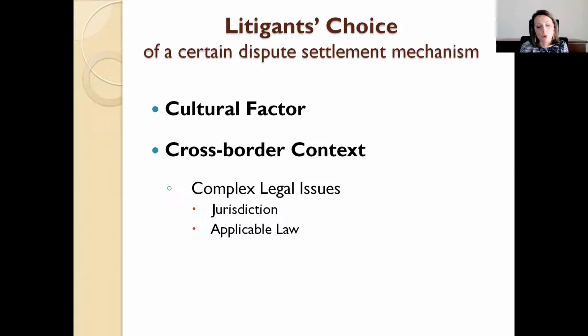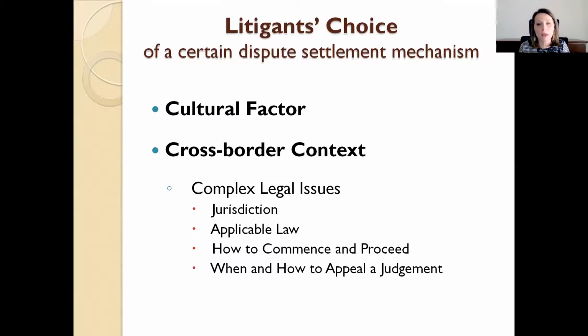These issues go hand in hand with a range of further questions, which also influence the strategic decisions of a lawyer. Such questions are how to commence and proceed with the lawsuit before the court which has jurisdiction over the case, when and how to appeal a judgment rendered by the seized court, and how to enforce the judgment in case it is not voluntarily complied with by the judgment debtor.